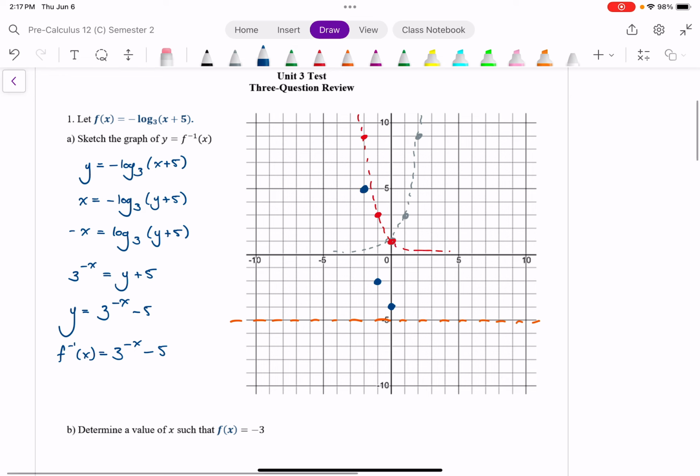And I'll draw my curve. In general, whether we have 2 or 3 points, the nice thing about having 3 points is if I have just these 2 points, they're so close to each other, we may not feel very confident with how the rest of it looks. All right, so that's the graph of the inverse of f of x.